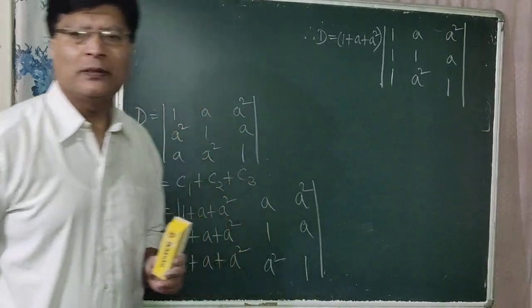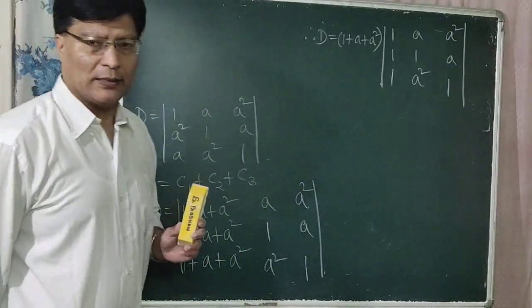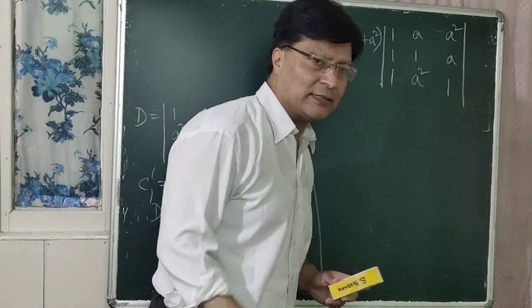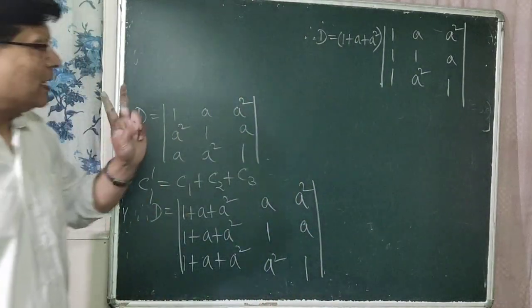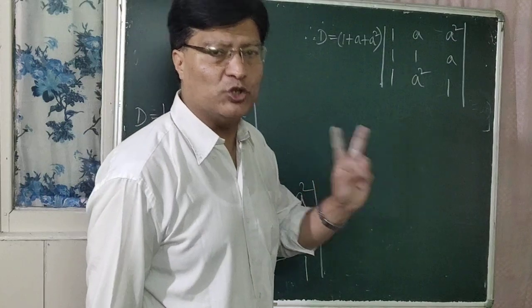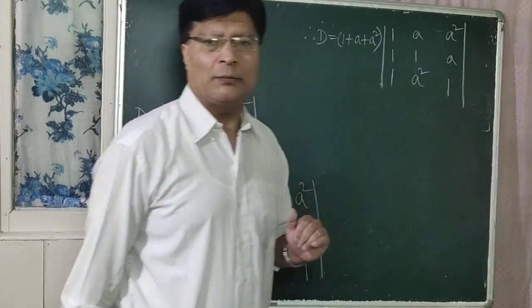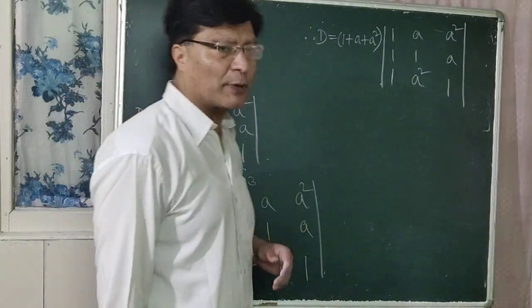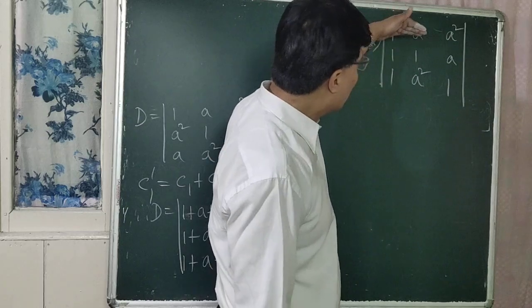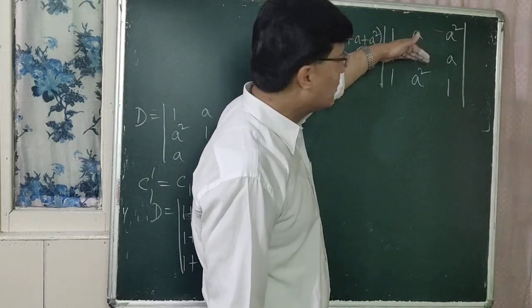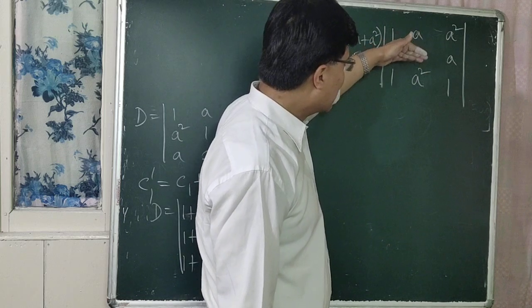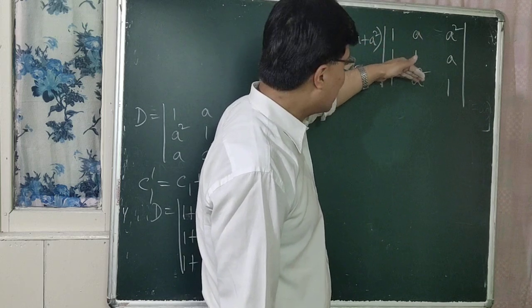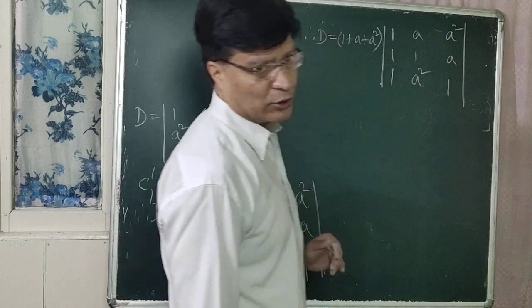Now, what happens here is that there are 3 ones in the first column. You can make any 2 of these ones 0 by using the property. Let us use the property R1 dash is equal to R1 minus R2, or you may use R2 dash is equal to R2 minus R1, R2 dash is equal to R2 minus R3, or you may use R3 dash is equal to R3 minus R2 also.